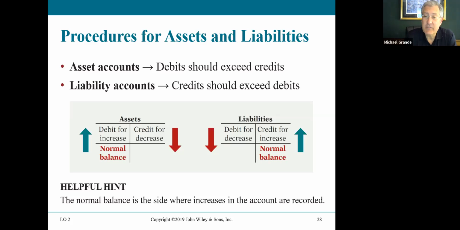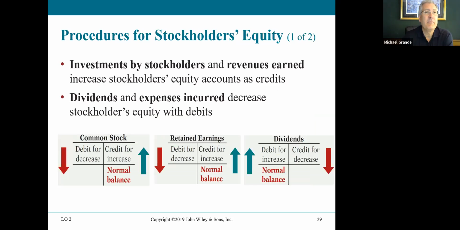To decrease a liability, it's going to be a debit. Here's a hint for you. The normal balance is the side where increases in the account are recorded. Procedures for stockholders' equity. Investments by stockholders and revenues earned increase stockholders' equity accounts as credits.